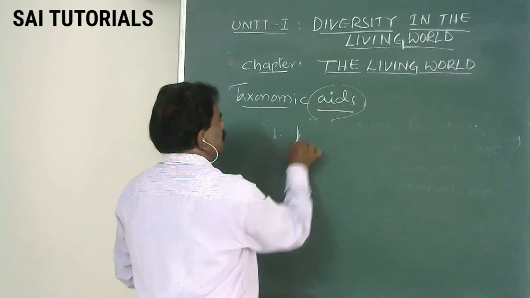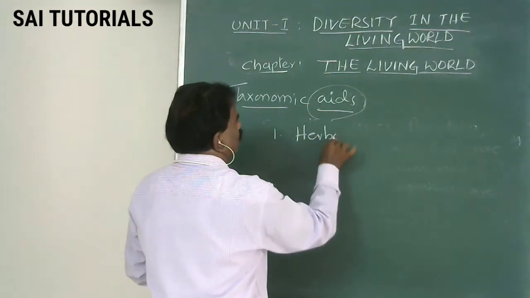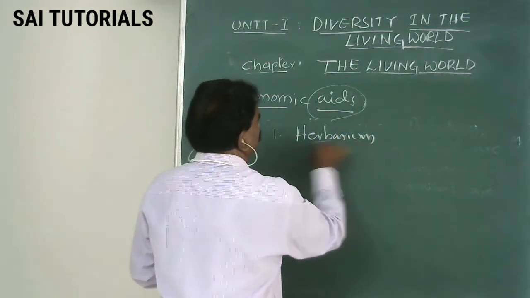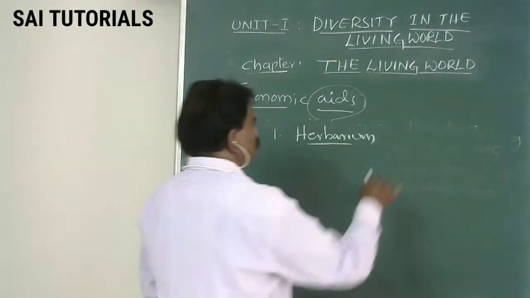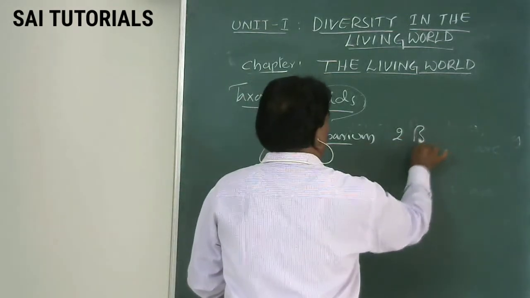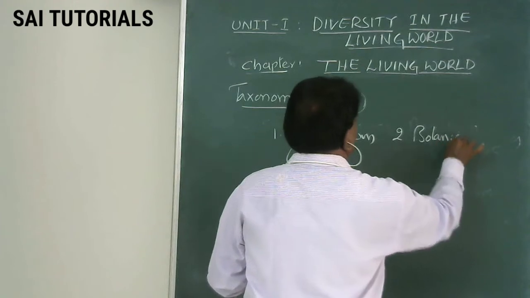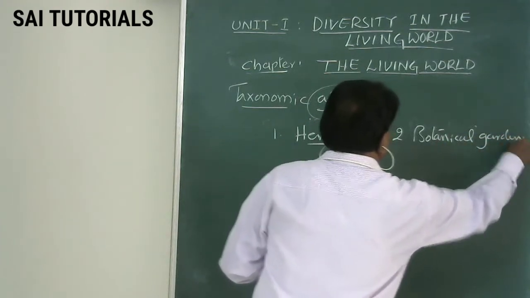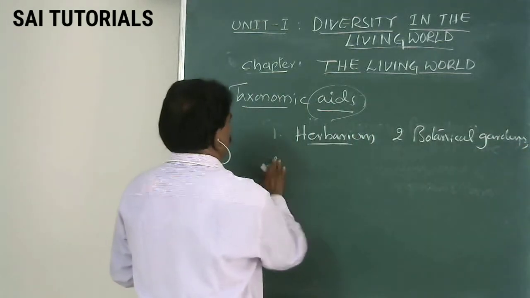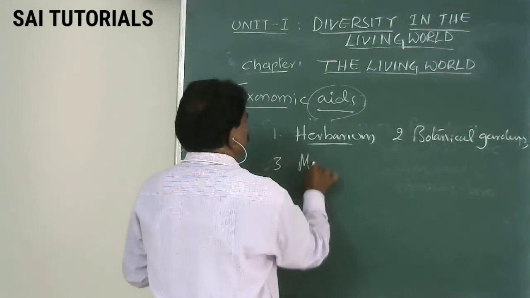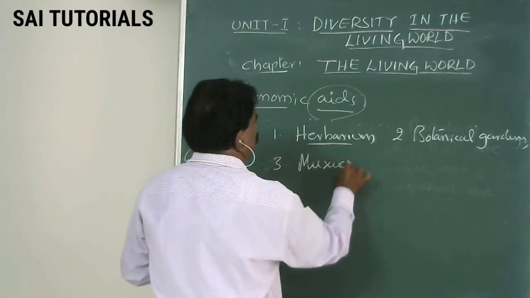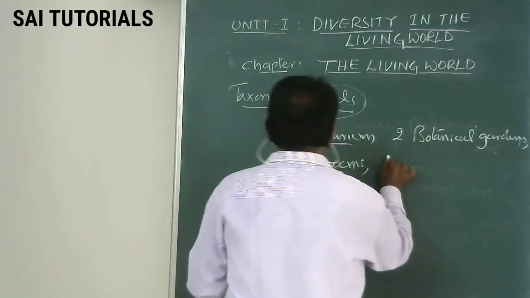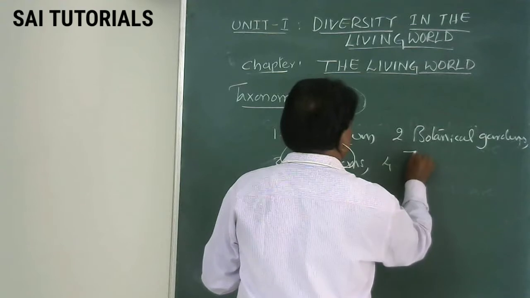One is herbarium. Herbarium is a taxonomic tool. Second, botanical gardens. Third, museum. Fourth, zoological park.